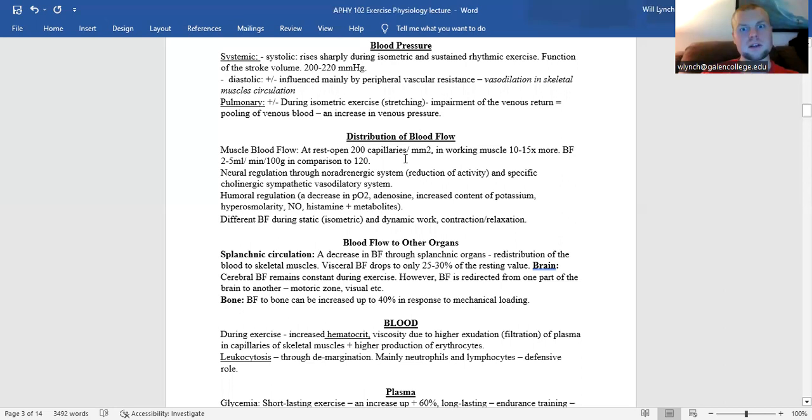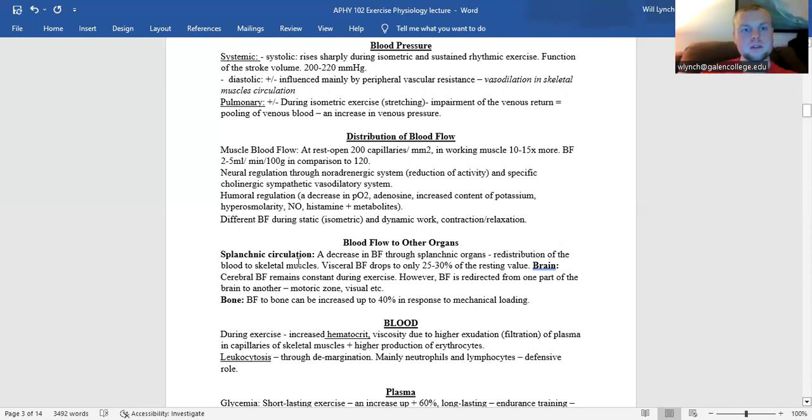In working muscle, however, we can open this up to 2,000, 3,000 capillaries per millimeter squared. So blood flow could increase a good 10 to 15 times above average. So instead of getting 2 to 5 milliliters per minute per 100 grams of muscle tissue, we can go up to 120.